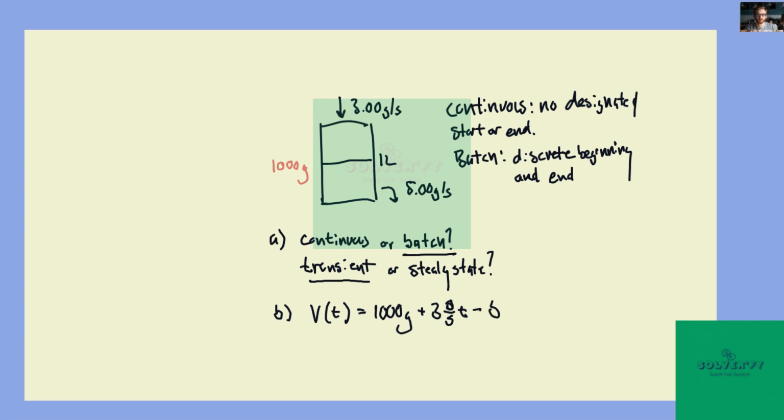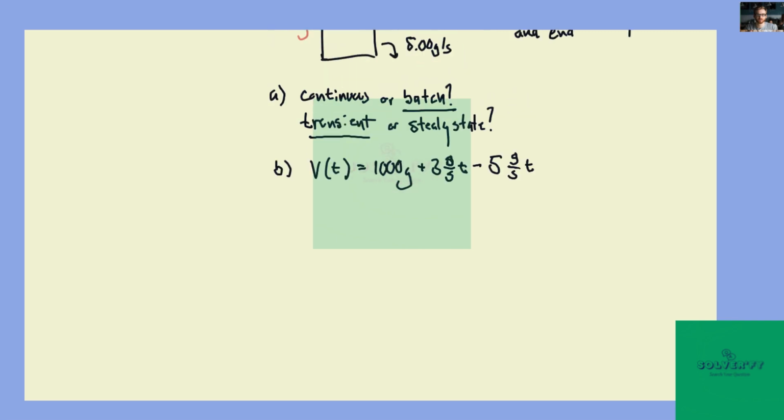So minus 5 grams per second, and we'll multiply that by t, right? Because that will tell us at time t how many grams we have lost via this route. Okay, and what you'll notice is that we have like terms. We have 3 grams per second times t and 5 grams per second times t. We would combine those to get a final equation of 1,000 grams minus 2 grams per second times t.